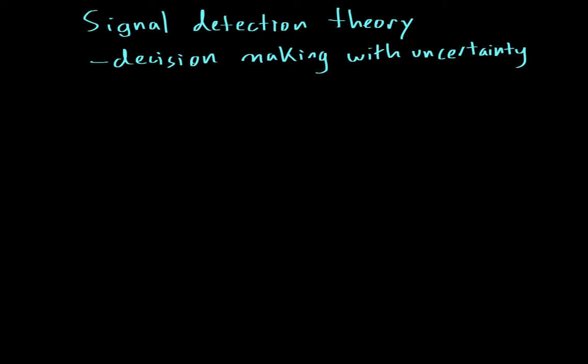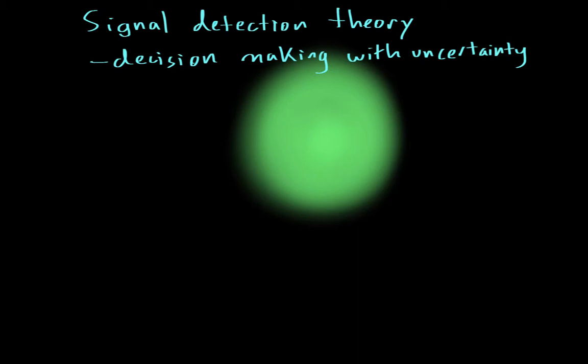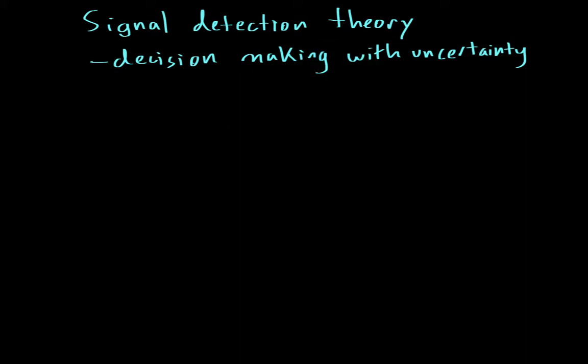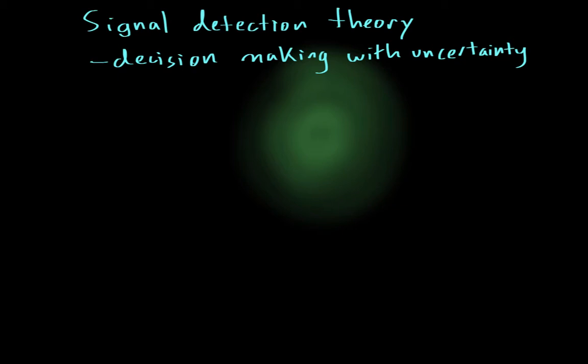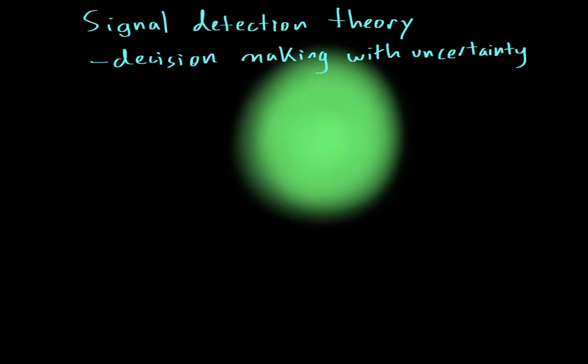I want you to look at the screen and tell me if there's any change. It was pretty obvious that I put up this bright green circle. Now keep looking at the screen and try to notice any changes. This time I put up this fainter green dot compared to the bright green dot.